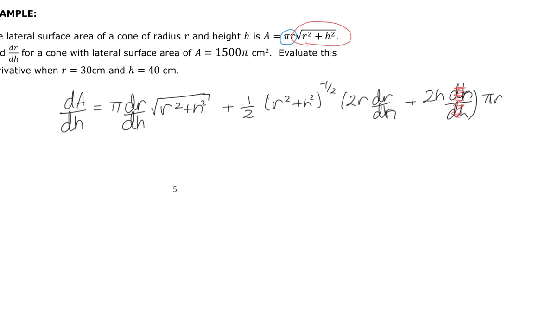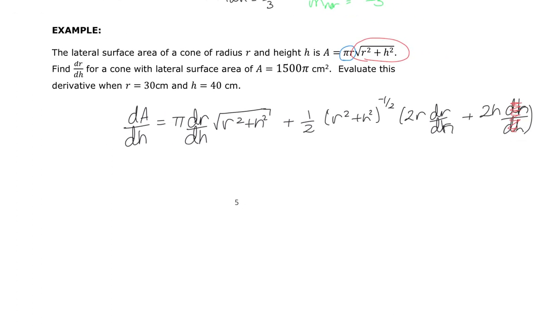Now I'm going to go back and put in everything that I know. Find dr/dh for a lateral surface area where the area is this. So that is my dA/dh, which is going to be 1500 pi.